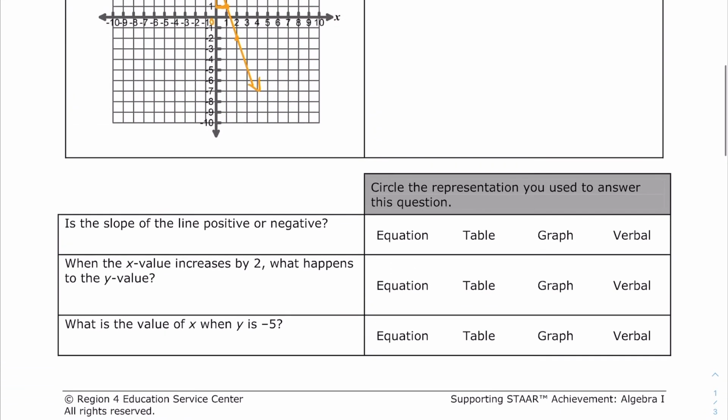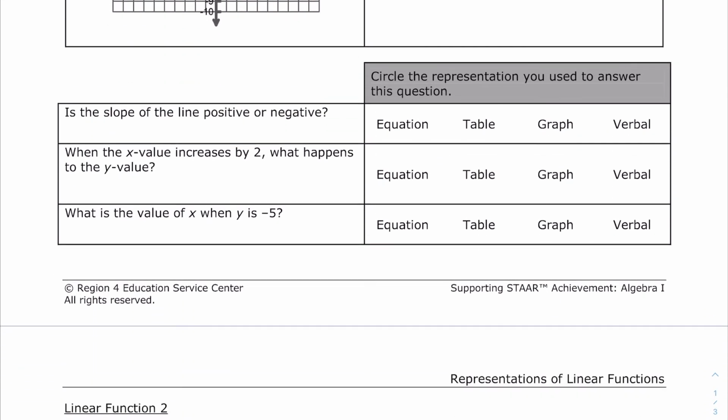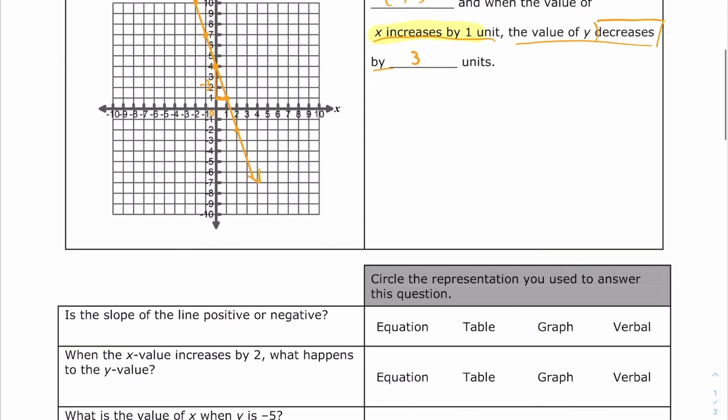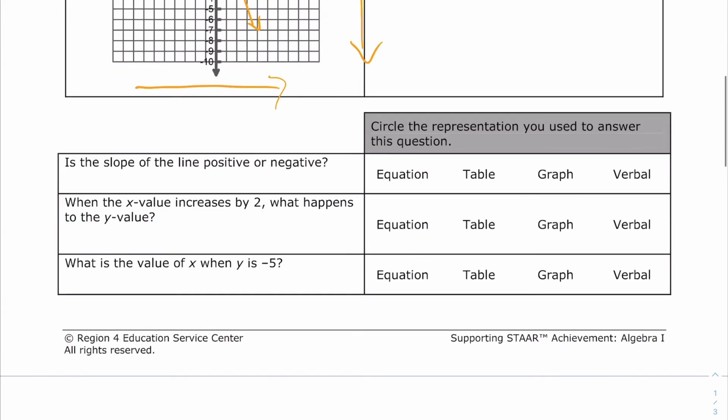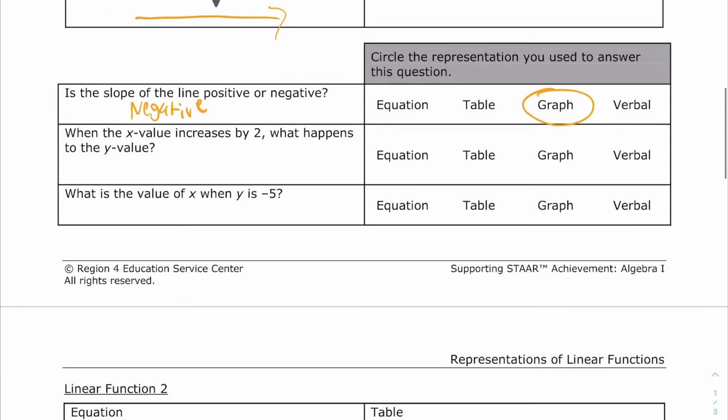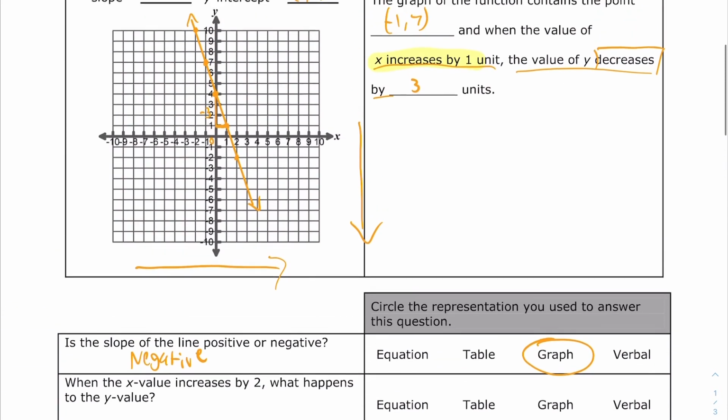Is the slope of the line positive or negative? Well, if I look at the graph, I can very easily tell that as we go from left to right, the graph is going downwards. So I use the graph to tell that the slope is negative. When the x value increases by 2, what happens to the y value? Increases by 2 means 2 spaces over.